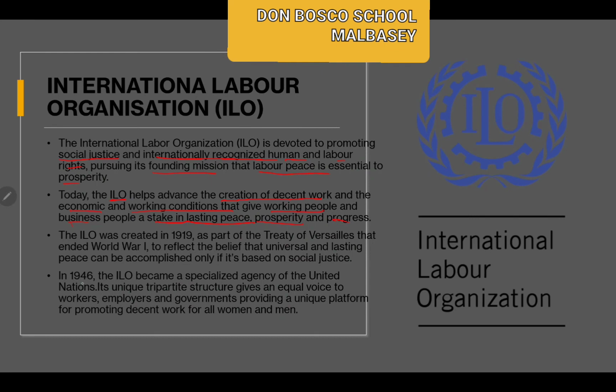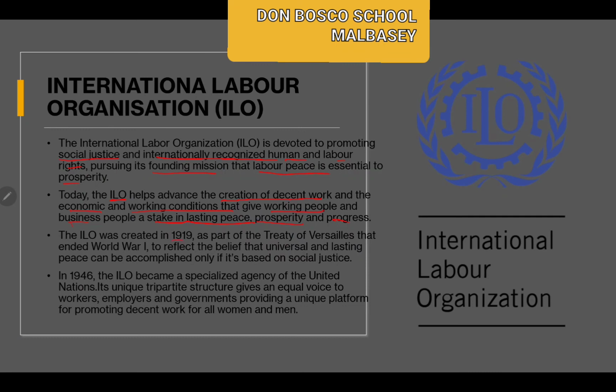And they want to have very cordial relations between the business people and the labor who work in a particular company or organization. They want to create an environment of peace so that there will be no problem in maintaining their sustenance of livelihood.